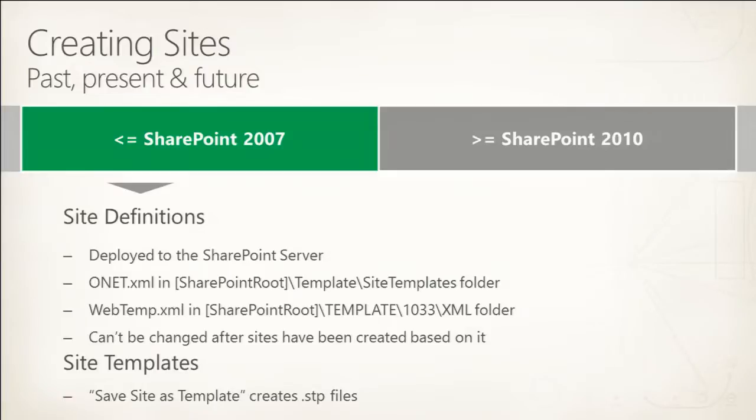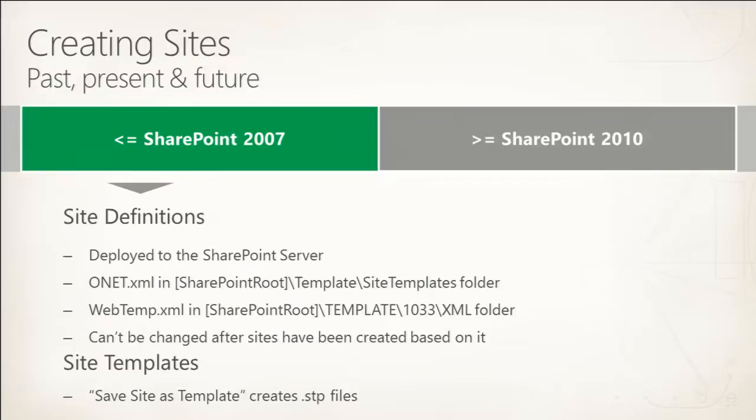And we would also need a webtemp.xml file, which would contain the metadata of that web template and basically of that site definition and basically register it in the environment. And that will be stored in the SharePoint root folder and then the template 1033, assuming you would be doing English, XML folder. Site definitions cannot be changed after sites have been created based on them.